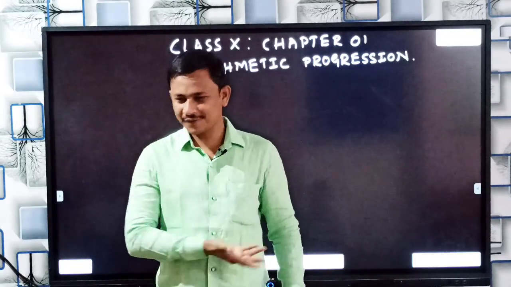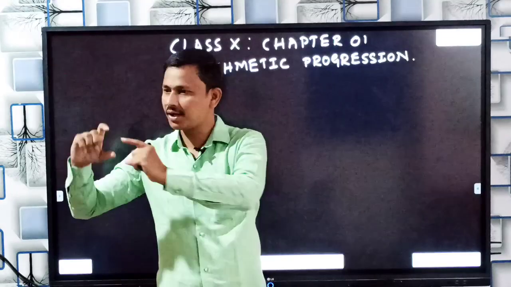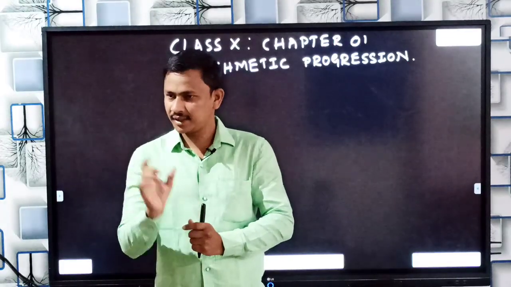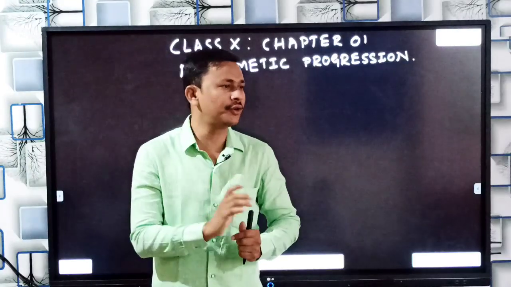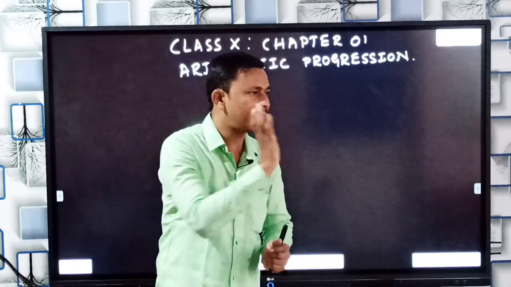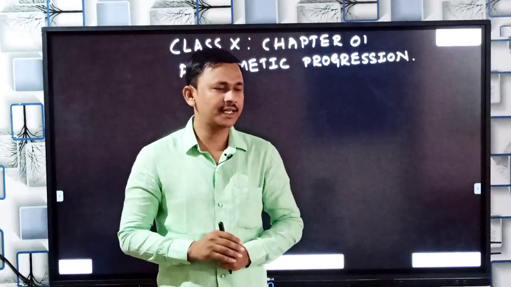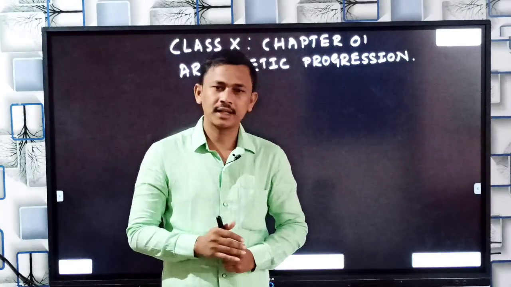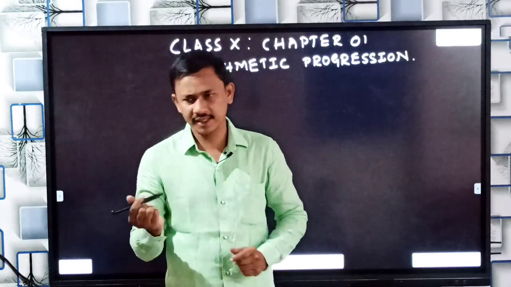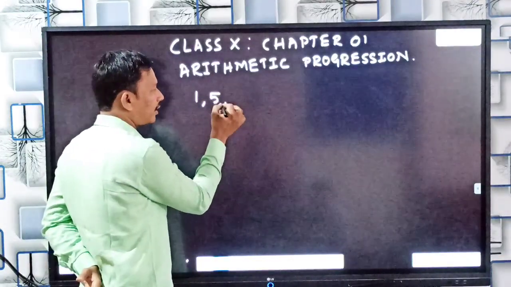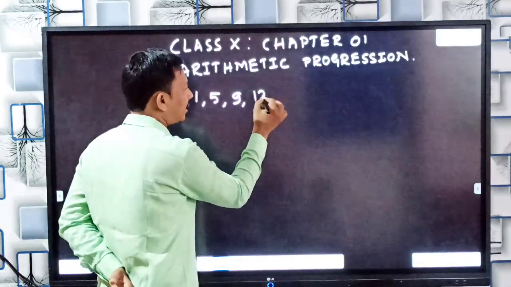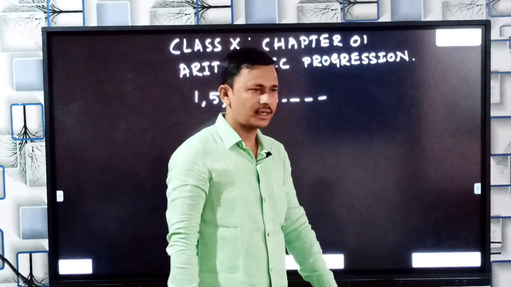It is a sequence of numbers in which the difference between any two consecutive numbers is same or constant. Then it is called arithmetic progression. Example: 1, 5, 9, 13, and so on.